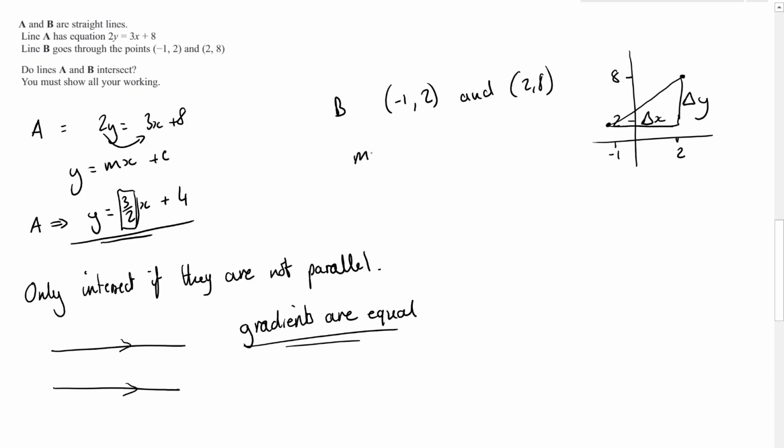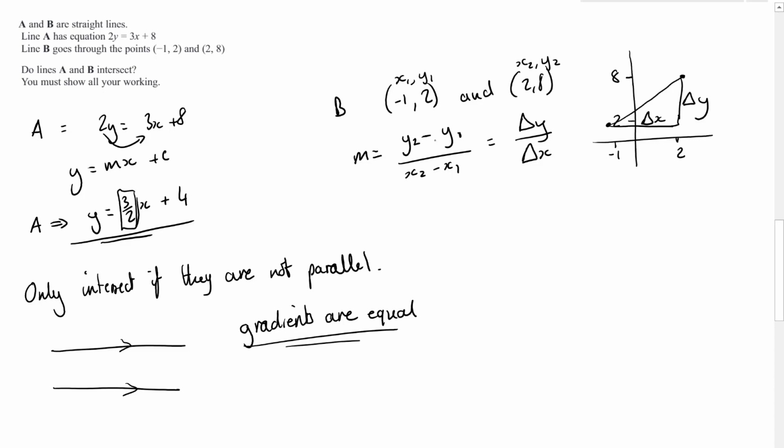But you could also say that the change in y is y2 minus y1, divided by x2 minus x1. This is the same as writing the change in y over the change in x, because we're just finding the difference between the y values and the difference between the x values. We can call one of these x1 y1 and one of these x2 y2. So I'm going to call this one x1 y1 and this is x2 y2.